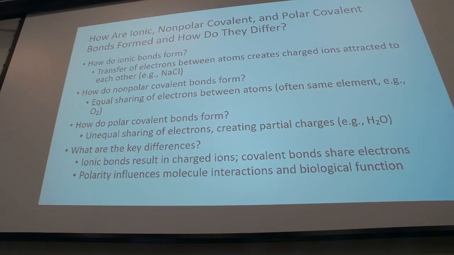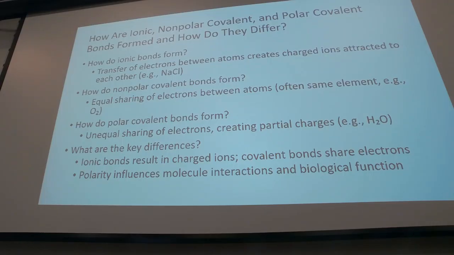Now, this is just for the elements, okay? But we will see later on how this can form water when it forms a compound. But with polar covalent bonds, there is an unequal sharing of electrons. That creates a partial electrical charge.